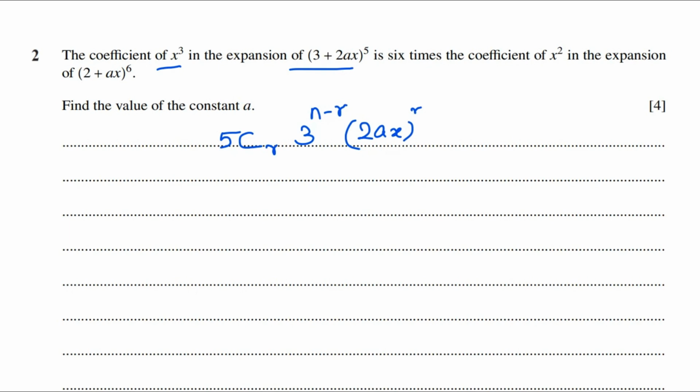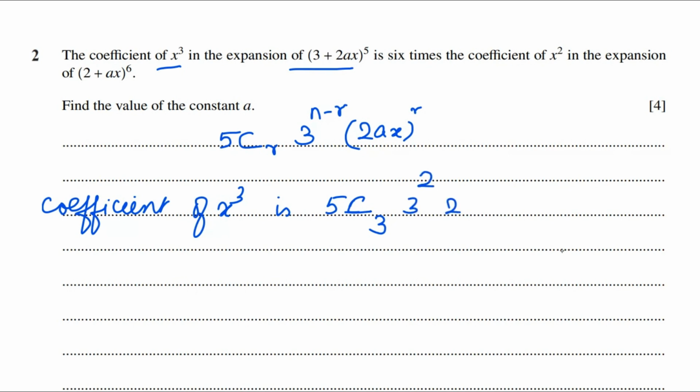To get the x cubed term, let's take the r value as 3. 5C3, 3^(5-3), which is 3^2, (2a)^3.